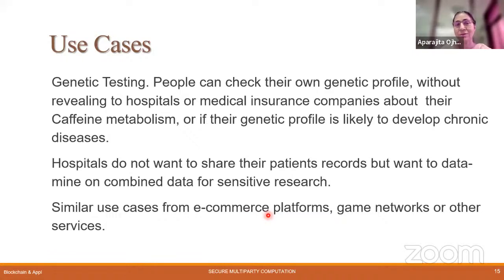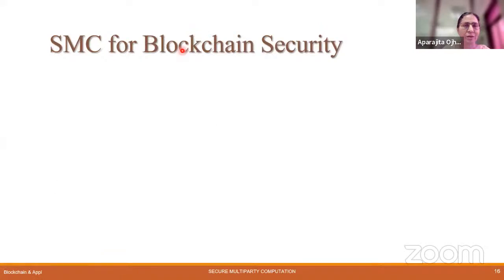Remember that game networks are a very flourishing industry where several people use combined efforts to win a game or, what should I say, to lose as small an amount as possible. So all these use cases are examples where one can use secure multi-party computation.